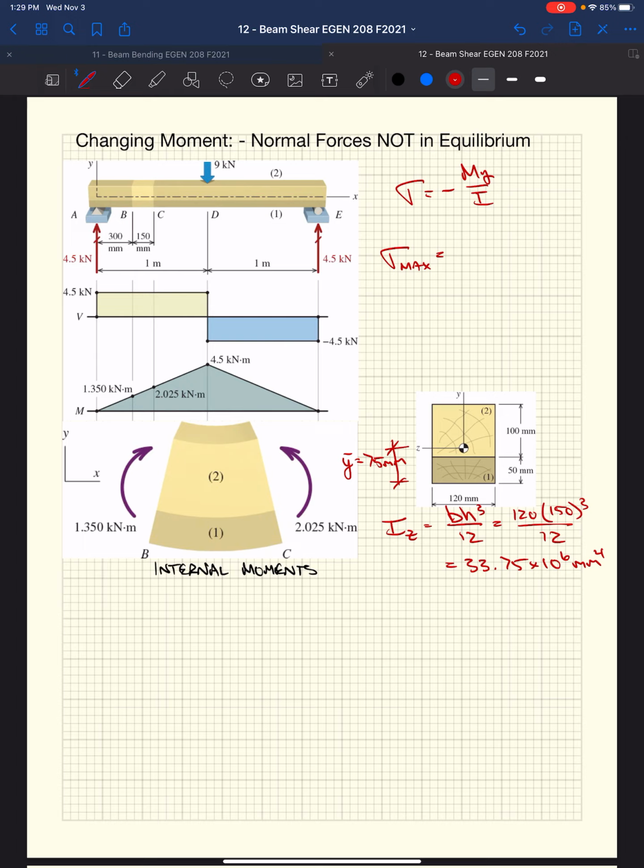Well, knowing what y is and I is, we could essentially determine that our maximum stress is at the top and bottom of the beam. We're maximizing y. If we maximize y, we're going to maximize stress.